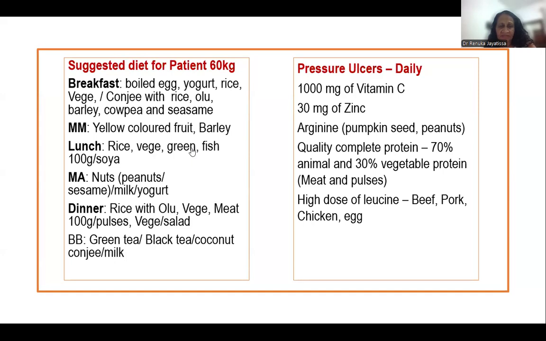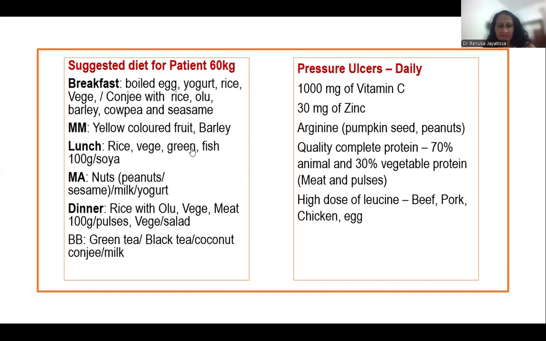At dinner, and even before bed, they can have something for hydration, maybe tea or black tea, or even the kanchi and milk. If there is a pressure ulcer also, these are like the prescription you have to look at: 1000 milligrams of vitamin C, 30 milligrams of zinc, arginine.